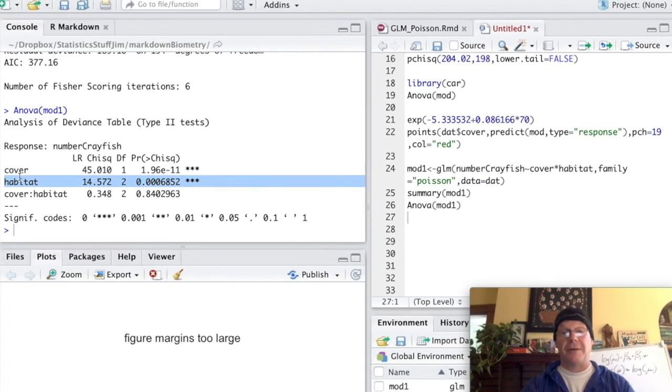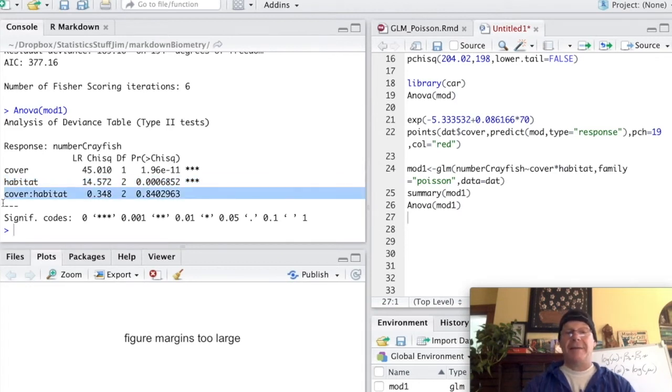Cover by habitat, the interaction term, is not significant. And so I'm going to just drop that from the model because all I'm doing is sucking up some degrees of freedom by including it, and it's not contributing at all to our understanding of the number of crayfish.